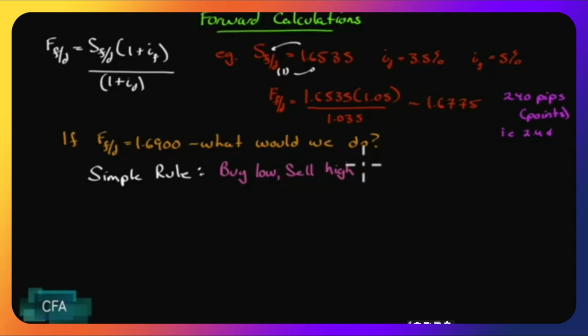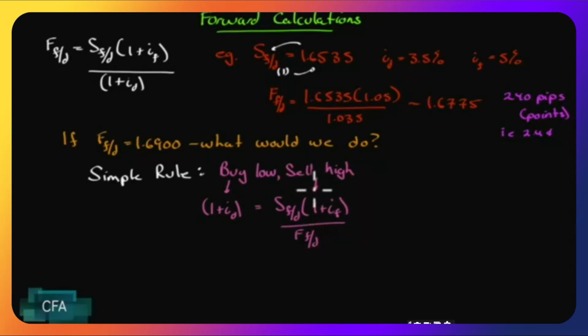So what we need to do is figure out which is the low side and which is the high side. The forward rate should be 1.6775. It's 1.69. So we want to buy 1 plus ID, and we want to sell S times 1 plus IF over the forward rate, because it's too high.